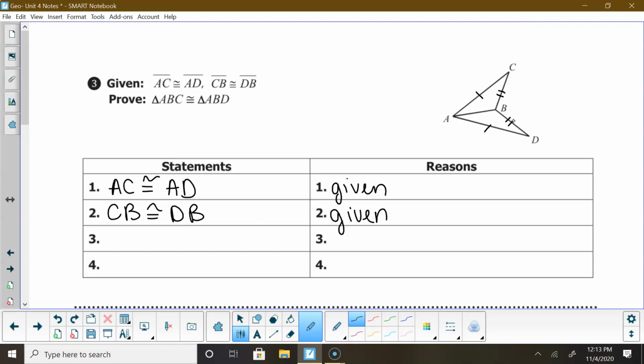Alright, now line 3 is where it gets a little screwy. And the reason it gets a little screwy is simply because that final side is the same side between both triangles, right? So these are one of the easiest lines to write in for a proof. I know AB has to be congruent to itself. That's the reflexive property.